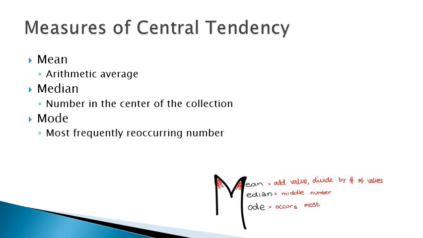If I wanted to get the mode, which is the most frequently recurring number, I would put everybody's age in from lowest to highest and find where there is more than one of a certain age. That would be the mode. So I want you to start thinking about mean, median, and mode, these measures of central tendency, and how they might play in with your type of research.